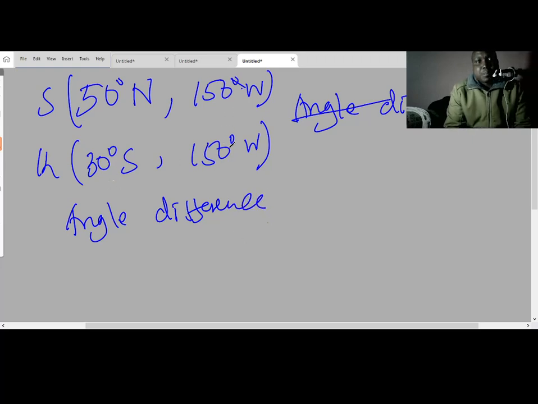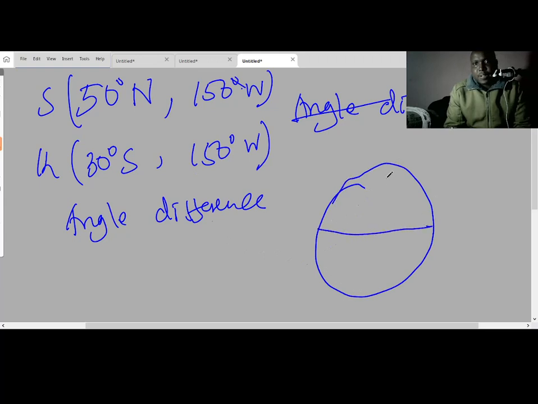Because they are on the same longitude, one of them is south and the other one is north. Let me sketch it so that you can understand. My aim here is for you to understand. So 50 degrees north is here, and then 30 degrees south is here.